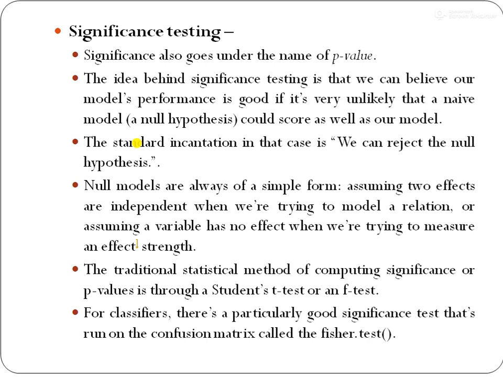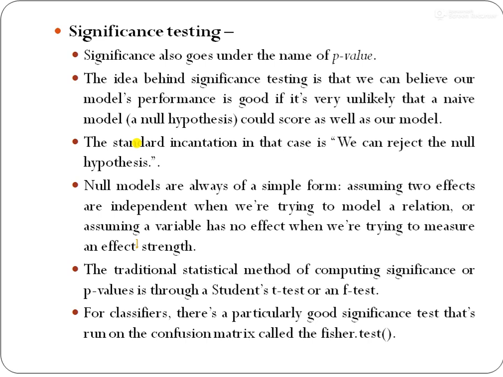For example, if we take two variables like age and blood pressure, we can state the null hypothesis as age and blood pressure are independent. Whatever we state as a null hypothesis, we can reject it based on some statistical test, and based on that we can evaluate the performance of a model.